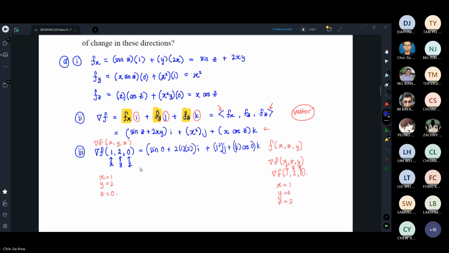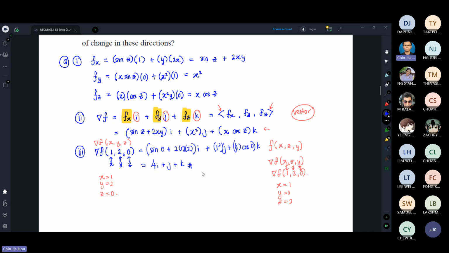Then you do your calculation. Take note that sine 0 is 0. This is 2 times 2 equals 4 for i, plus j plus k. This is the gradient vector when you substitute these x, y, z values into the expression.